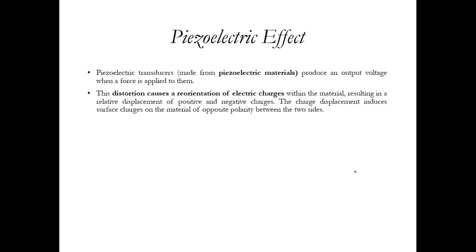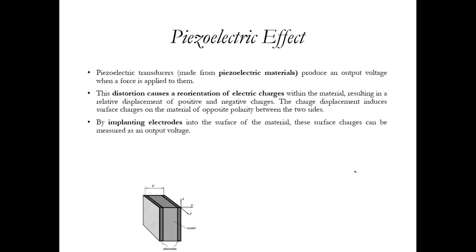Such distortions because of the forces or the stresses cause a reorientation of the electric charges within that material, which results in the development of positive and negative charges, and this induces surface charges on the material of opposite polarity between the two sides. Now, by implanting electrodes on the surface of the material, these charges can be measured as an output voltage between the two ends of the material.